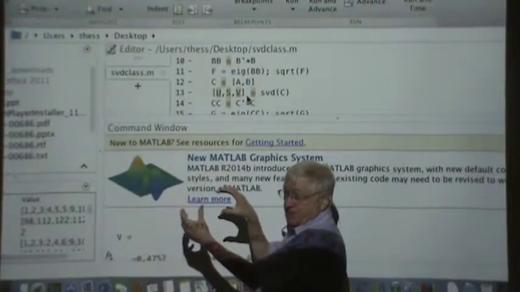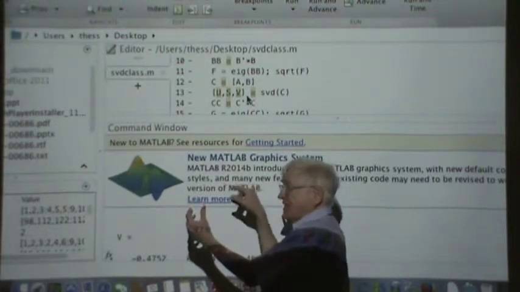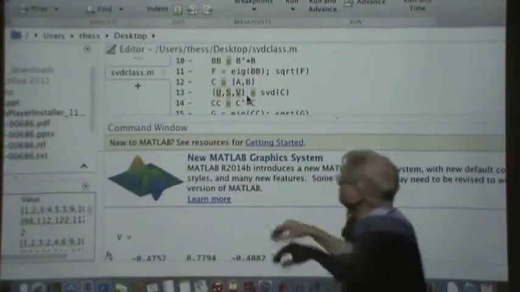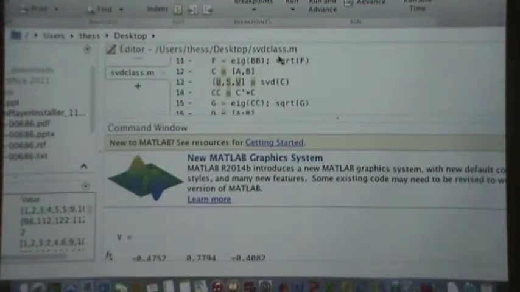So this is a case where n is greater than m. So C is that matrix. Then we do the singular value decomposition. We set CC equal to C dagger C, and then G is the eigenvalues of CC, and then I take the square root of it.